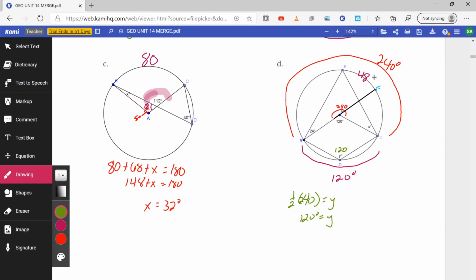And what we can do now is we can essentially do the same thing that we just did with angle Y to figure out what angle X is.